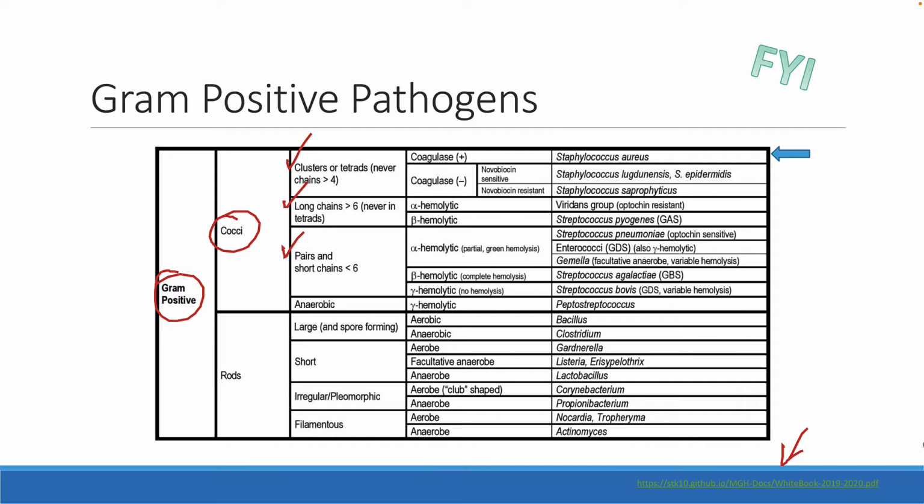If it's cocci in clusters, the thing that usually ends up being is staph. Usually gram-positive cocci in clusters are Staph aureus, but that's dependent on whether the coag test is positive or negative.